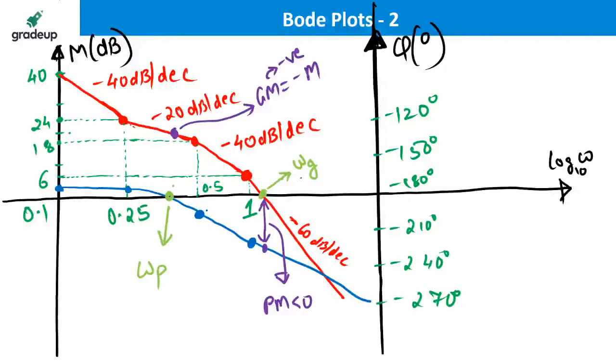No, Anjana, do not take 20 log again, because the magnitude that you have sketched on the Bode plot is already in the form of 20 log. So minus of magnitude, this is positive, so minus of positive will be minus.